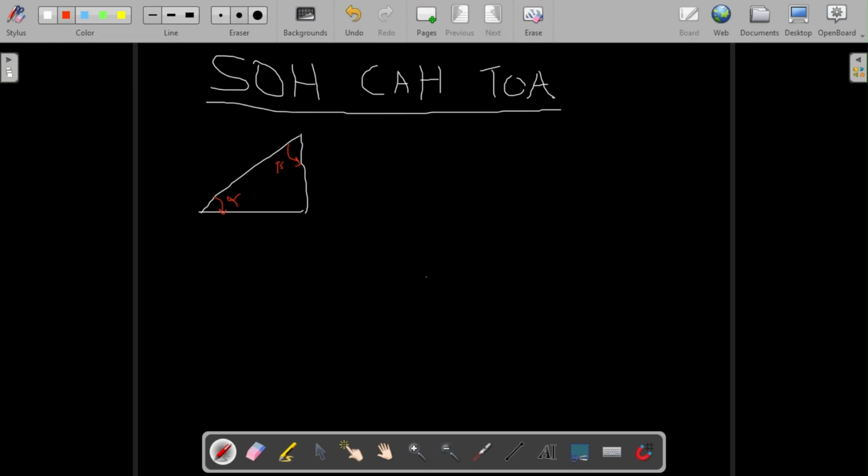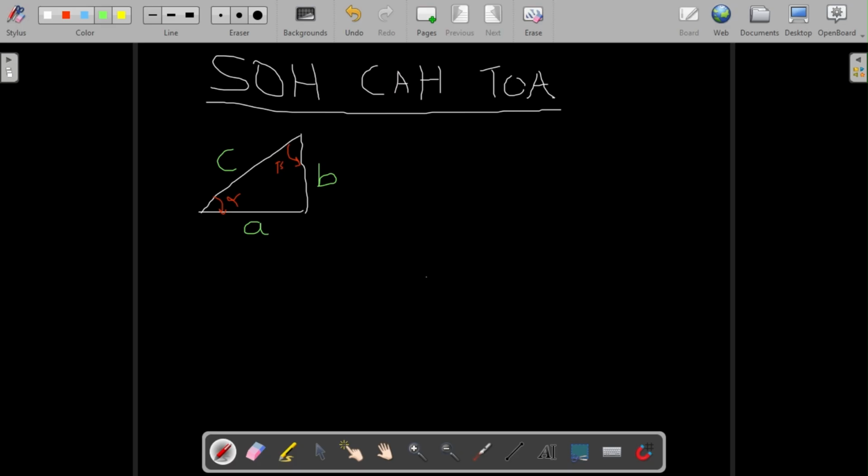Now let's see this: the base, the smallest part of the triangle, is A, the medium size is B, and the longest side is C.